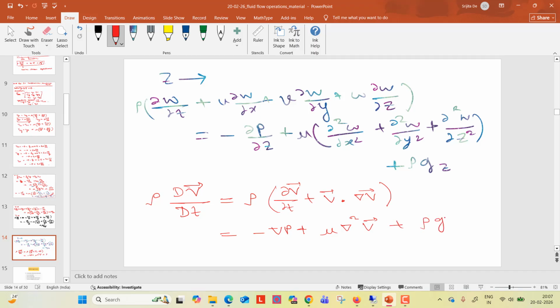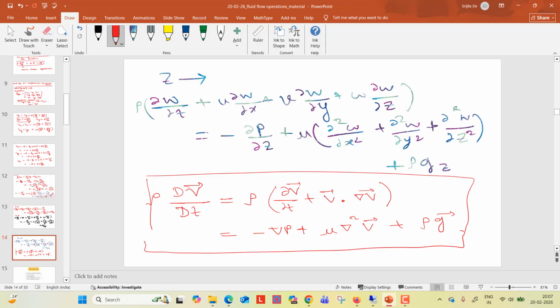So these are the Navier-Stokes equations for an incompressible Newtonian fluid. This is the basic equation and you can use it anywhere for solving problems.